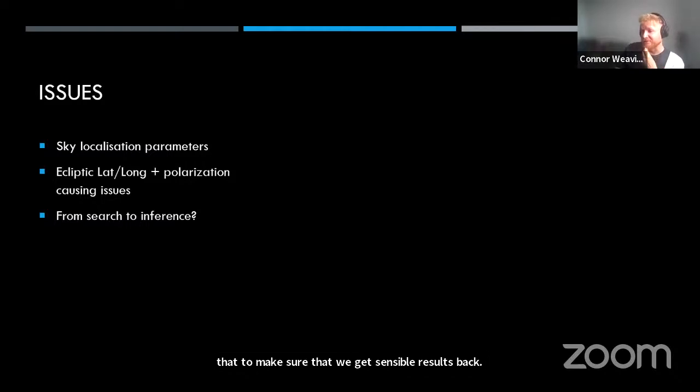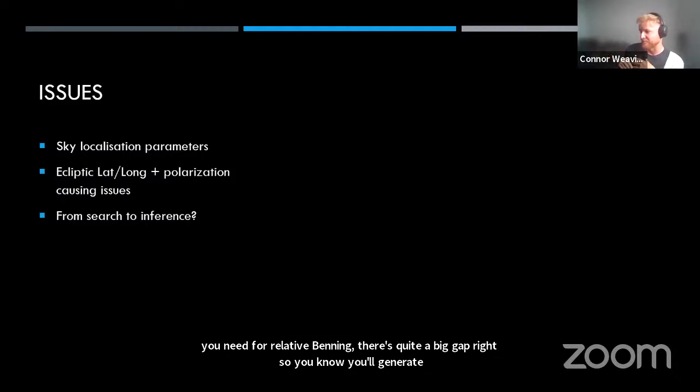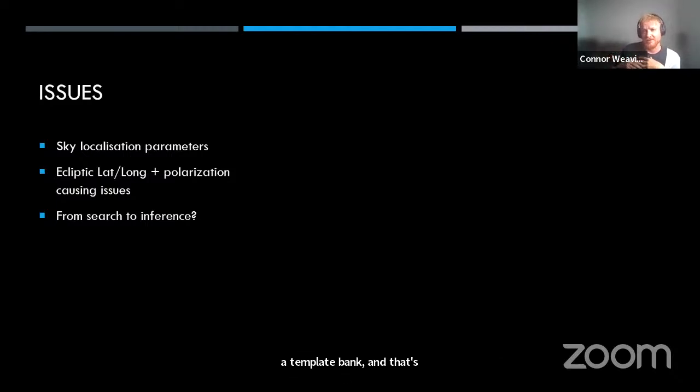But the main thing is going from the search stage to the inference stage, because finding the signals is one thing, but in order to get the reference parameters that you need for relative binning, there's quite a big gap, right? So, you'll generate a template bank, and that template will probably be way off the true value needed, or the reference value needed, rather, to then do inference. So there's a couple of ideas that we're investigating there to see how we get from that initial search stage to the inference stage.